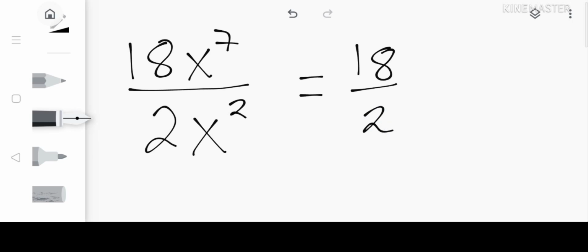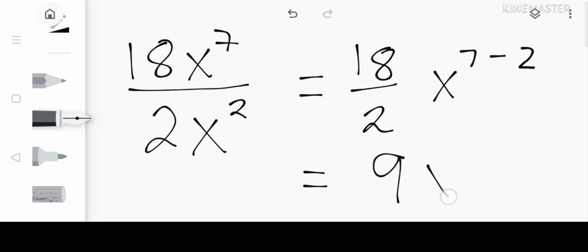And then for the literal coefficient, x raised to 7 minus 2. We have to subtract the exponent. So 18 divide 2 is 9. And then for the literal coefficient, x raised to 5. So the answer for example number 1 is 9x raised to 5.